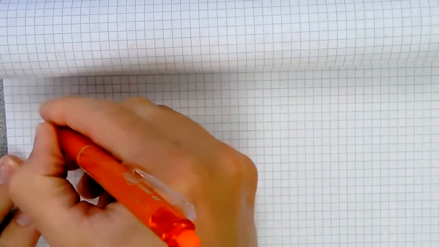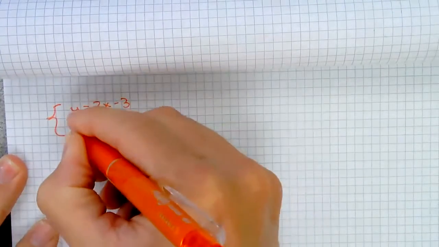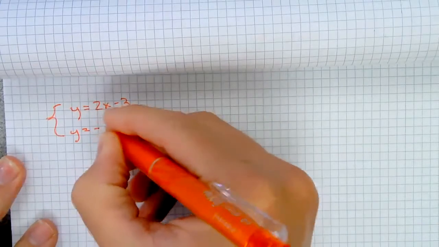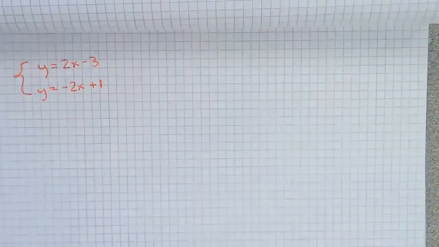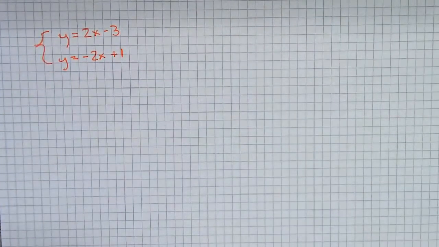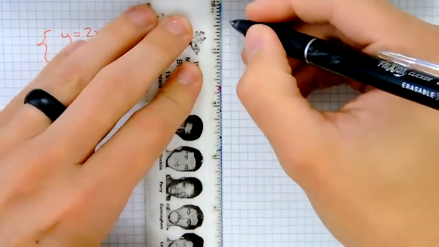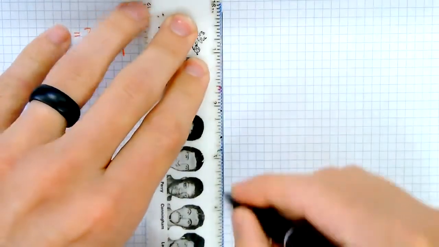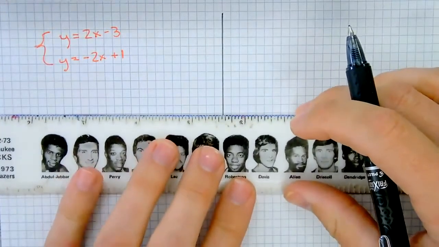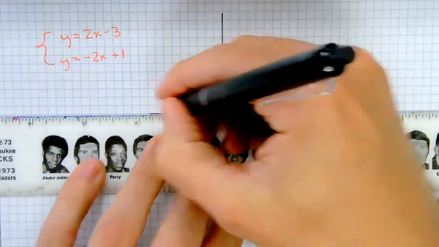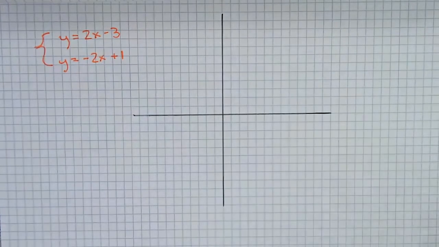So let's say we have a system, y equals 2x minus 3 and y equals negative 2x plus 1. This one should work out a little bit nicer. So we're graphing the two lines and we're looking for where they intersect.